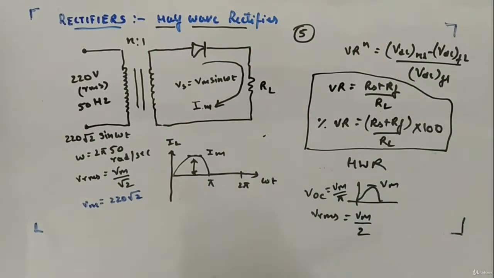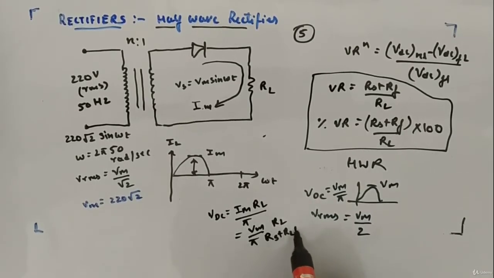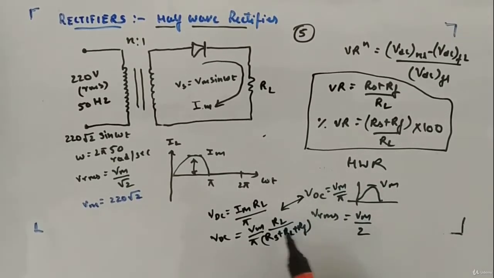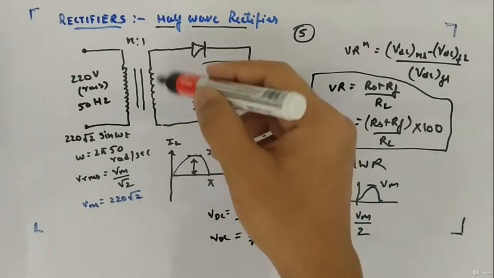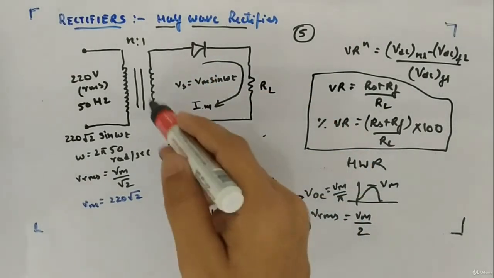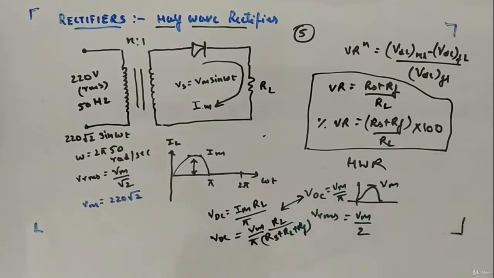What we have calculated here, when we calculated VDC, was Im RL divided by pi, and we put Vm divided by pi times RL over (RS plus RL plus RF) in this case. Earlier I assumed the diode is ideal and there is no forward resistance, and the secondary resistance is also very small.